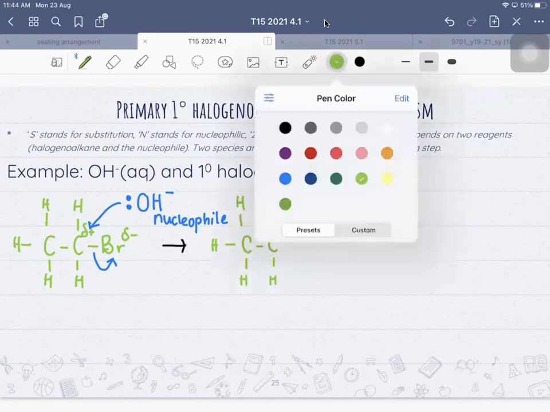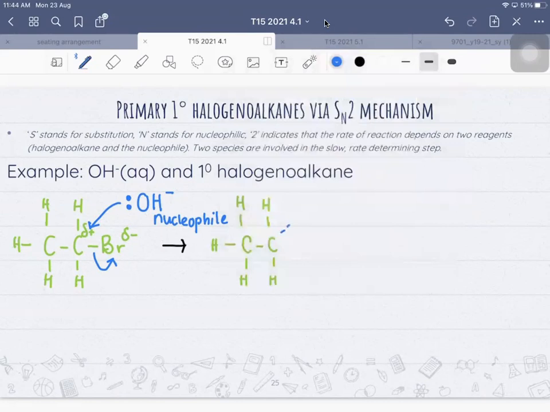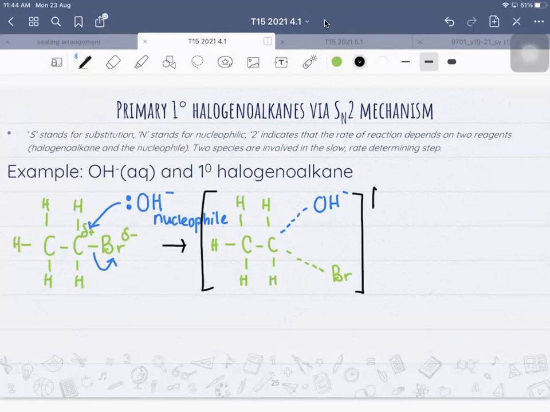The bond being formed is in the process of being formed, and the bond being broken is in the process of being broken. So we write this. You will sometimes see that symbol where it represents a transition state. This transition state is like a short-lived species. They don't exist very long. They are just there for a short time.